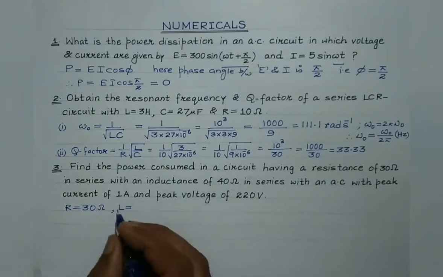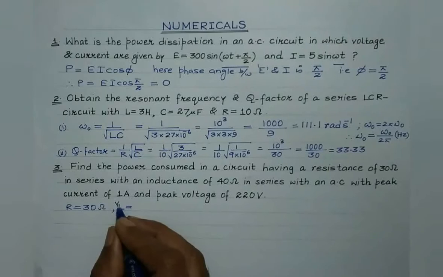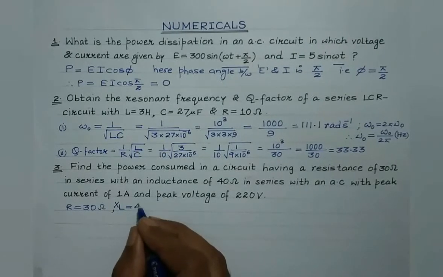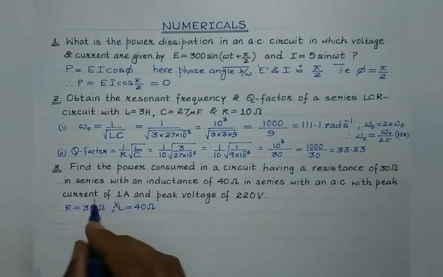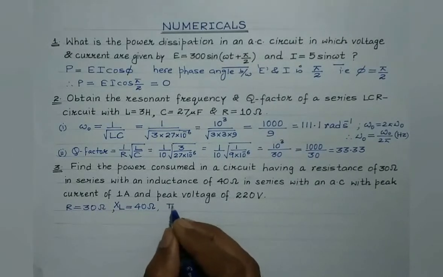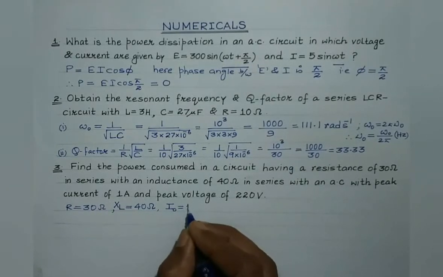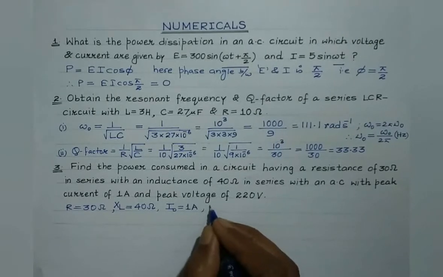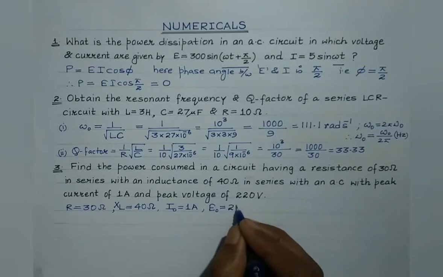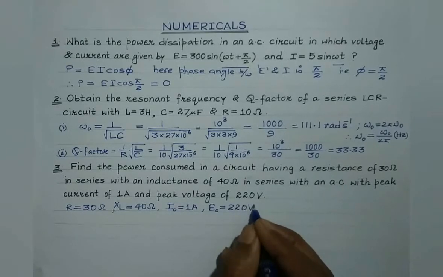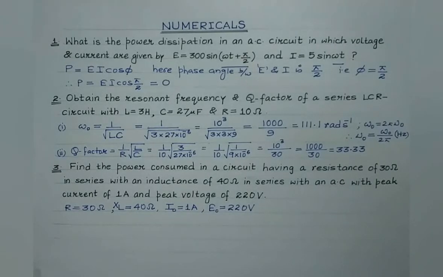So it is basically the inductive reactance given. It is given to be 40 ohm. And peak current, the current amplitude, is given to be 1 ampere, and the EMF amplitude, the peak voltage, peak means maximum value, it is given to be 220 volt. We are supposed to find out the power consumed.